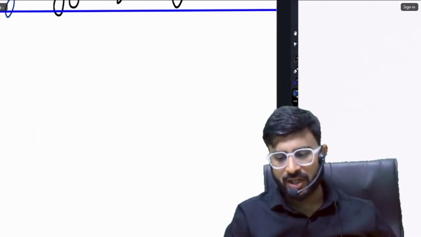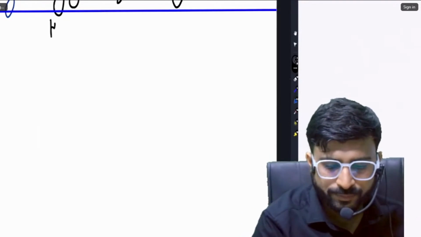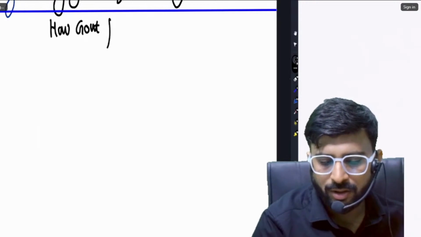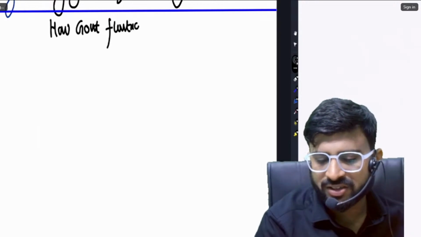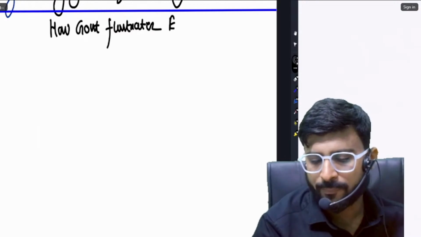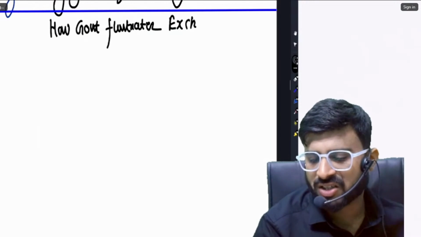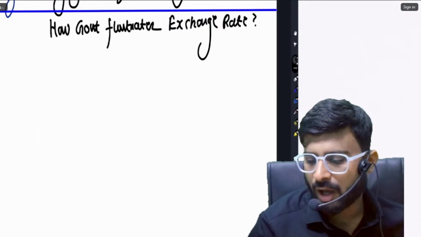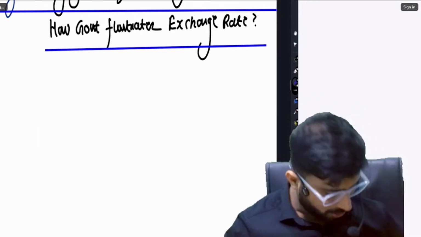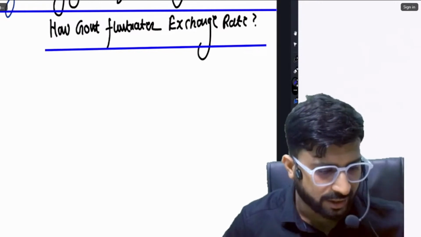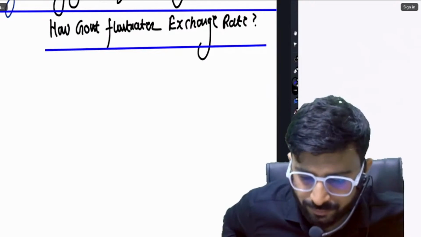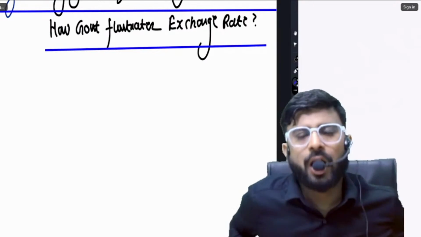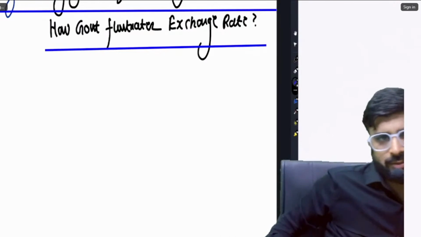Okay? Pay attention. Write down the question: How does the government fluctuate the exchange rate? Write it down. How does the government fluctuate the exchange rate?